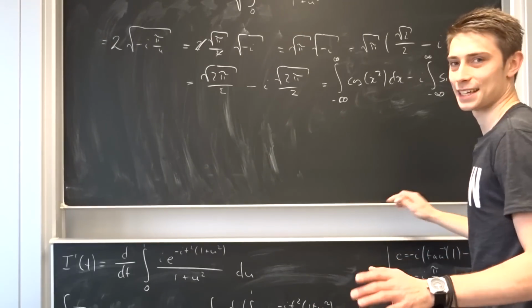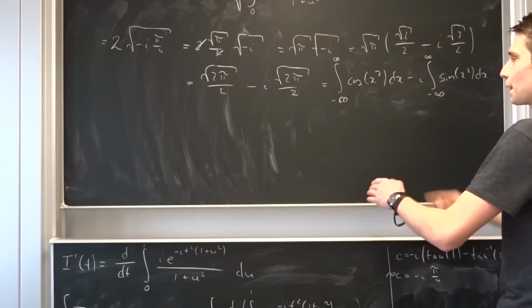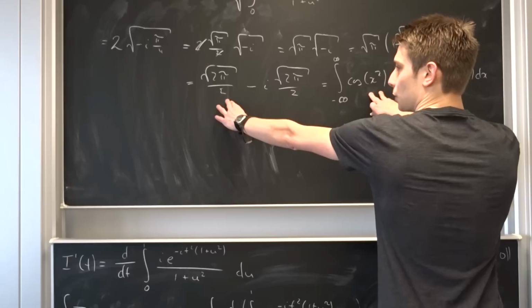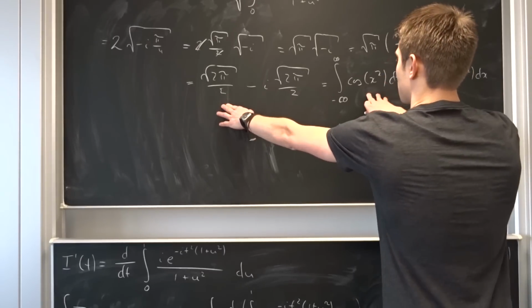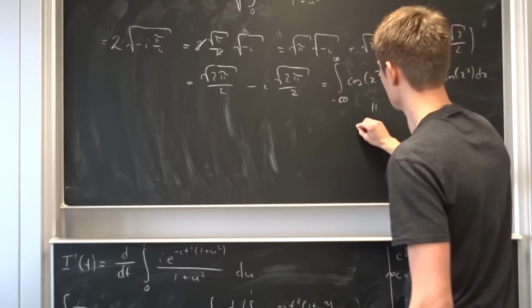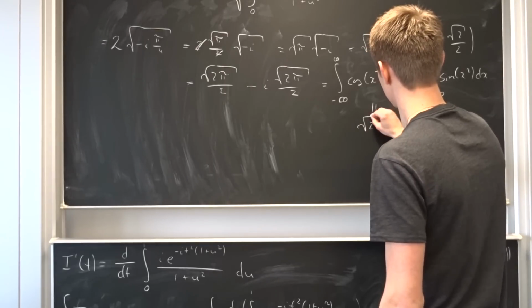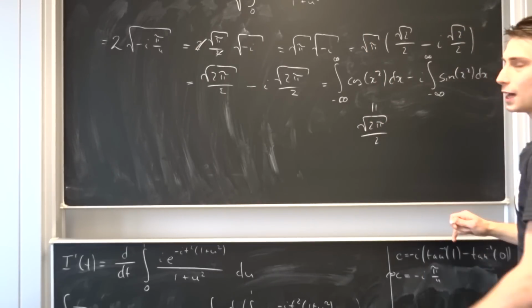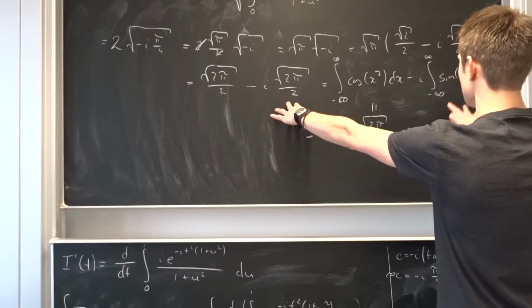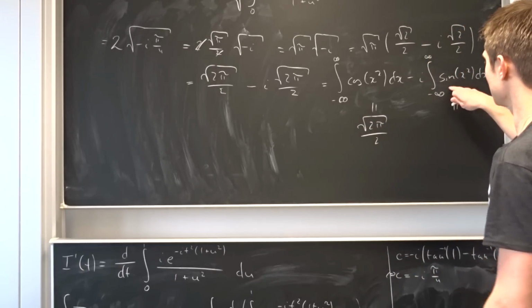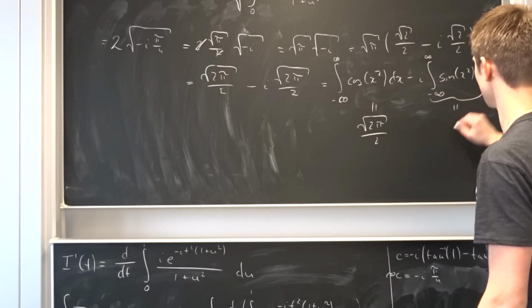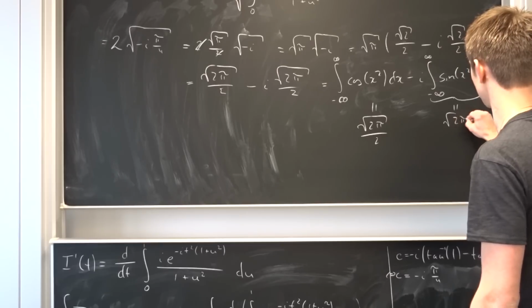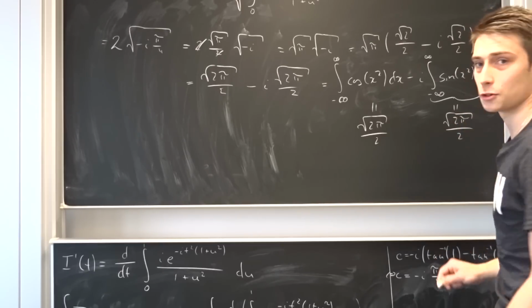Okay, and here's the last little observation. So this is the real part, and this is the real part. So this integral equals the square root of 2 pi over 2, and this is the imaginary part, and this is the imaginary part. So this whole integral right here equals the square root of 2 pi over 2.